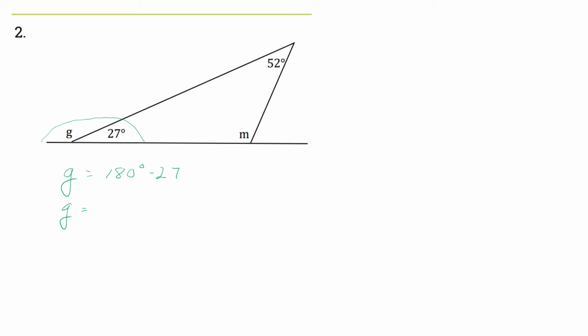Then M is going to equal these two. You can add those together or just subtract them, right? 180 minus the 52 minus the 27. And that would give you M.